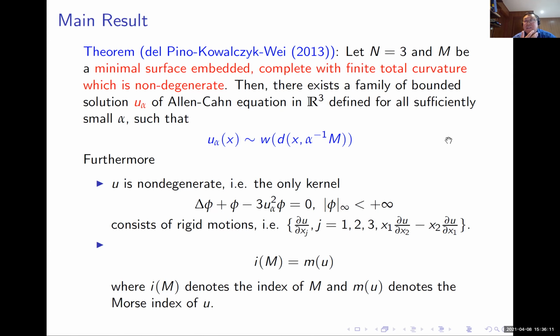So this is a one-to-one correspondence between minimum surfaces and solutions to the Allen-Cahn equation. And in my lectures, I'm going to prove this theorem.